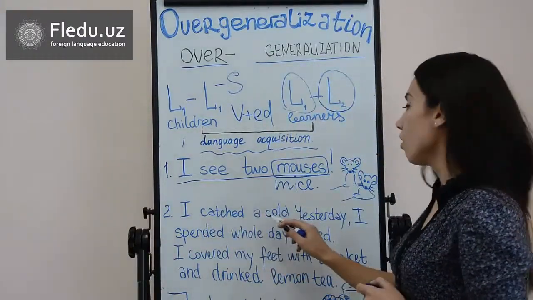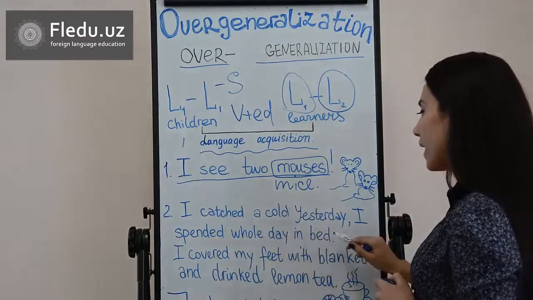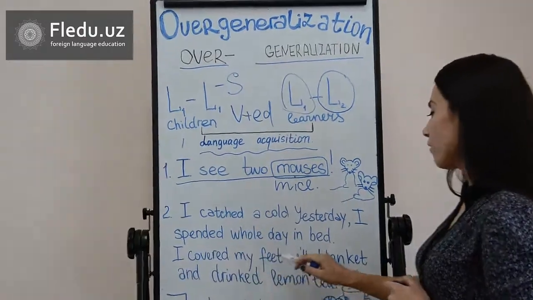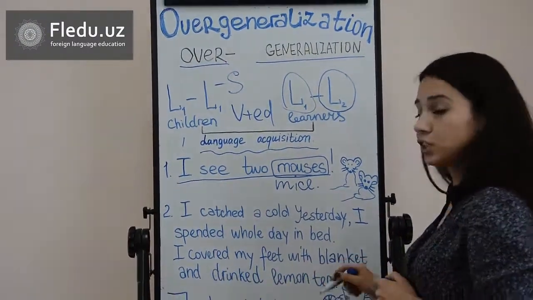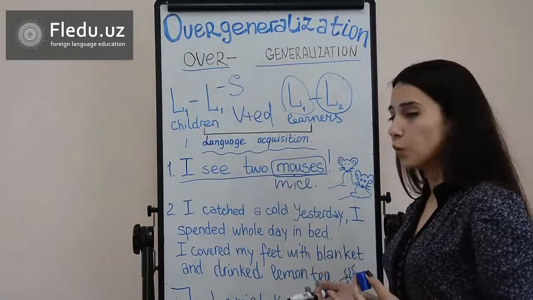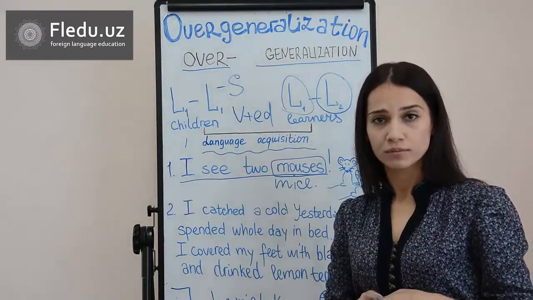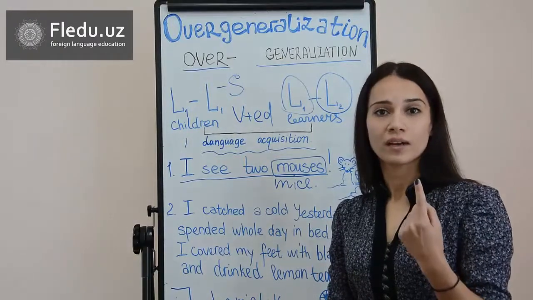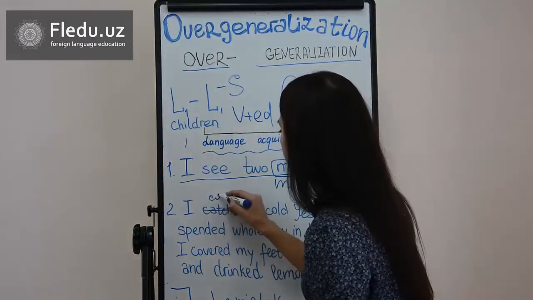Let's look at our example. I catched a cold yesterday. I spent the whole day in bed. I covered my feet with blanket. I drank lemon tea. So, out of these four verbs, only one is correct. Here actually must be caught.